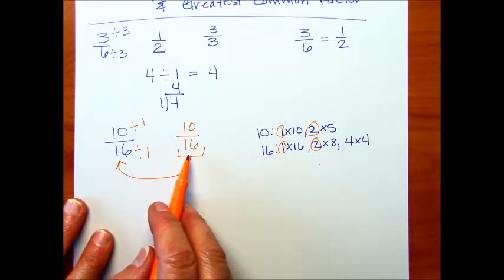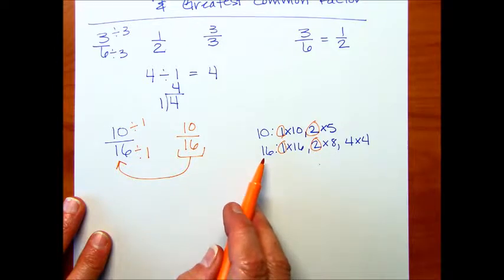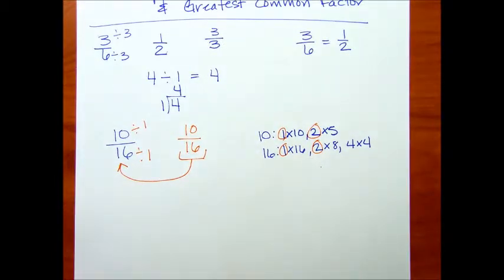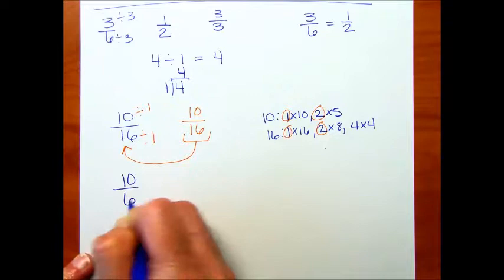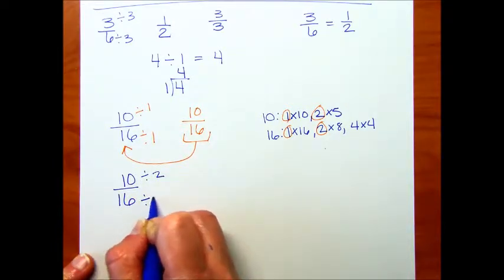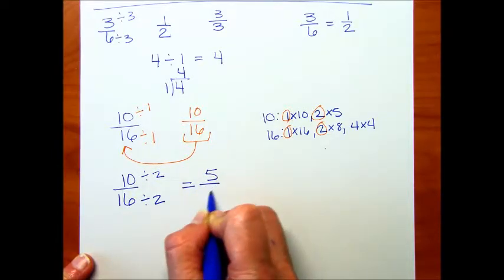So let's pick a factor that's greater than 1 that is present in both the numerator and the denominator. And in this case, it's going to be 2. So if I rewrite this, 10/16 divided by 2, I'm going to get 5/8.